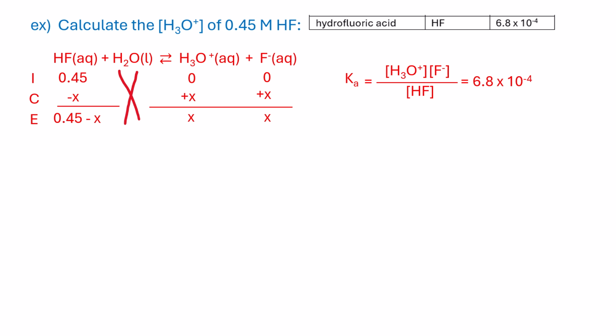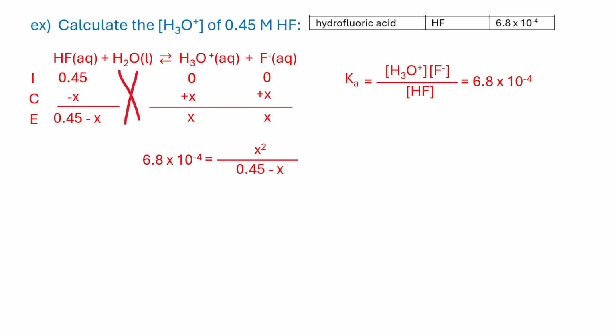Now, if I go back to my original Ka expression, it looked like this, right? And if I replace what needs to be replaced, so hydronium and fluoride are both just equal to X at equilibrium, I'm going to replace that with X squared. And my HF, well, it's 0.45 minus X. Luckily for these problems, subtracting X is not going to be significant.